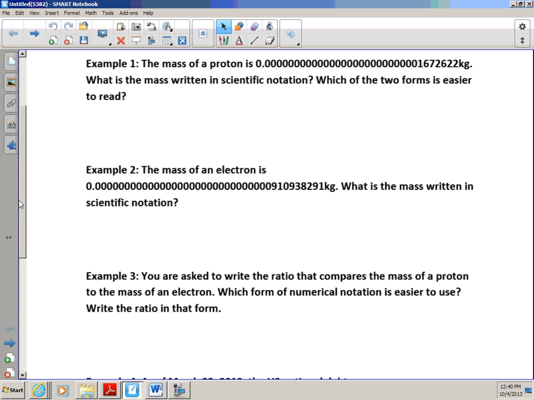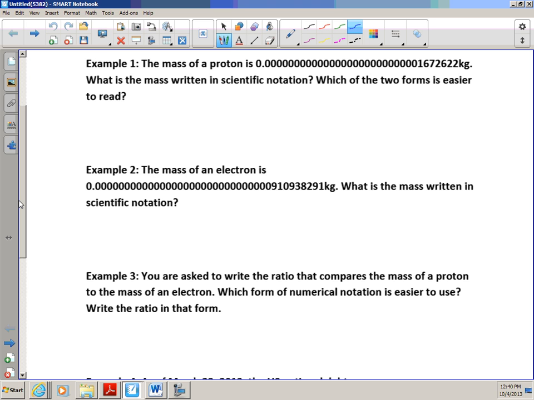So, let's look at a couple of examples. The mass of a proton is some very small number in kilograms. Okay? What is that mass written in scientific notation? Now, it's clear that it's not very efficient to write the number with all of those zeros.